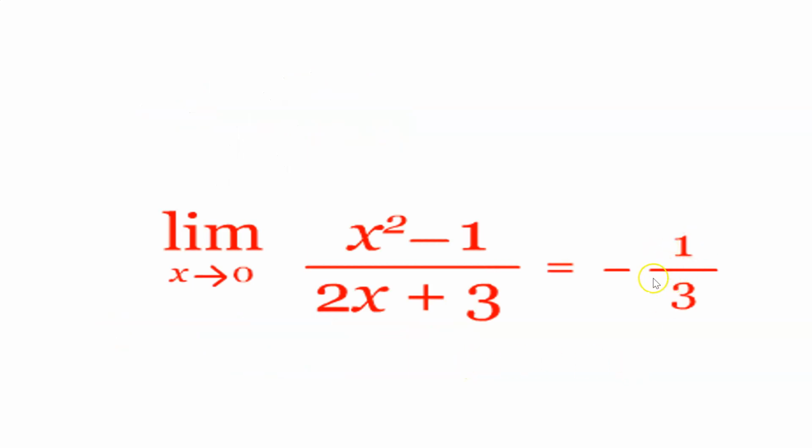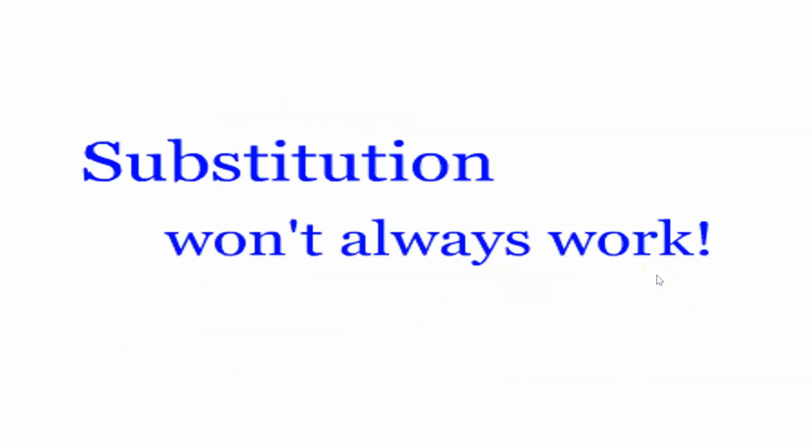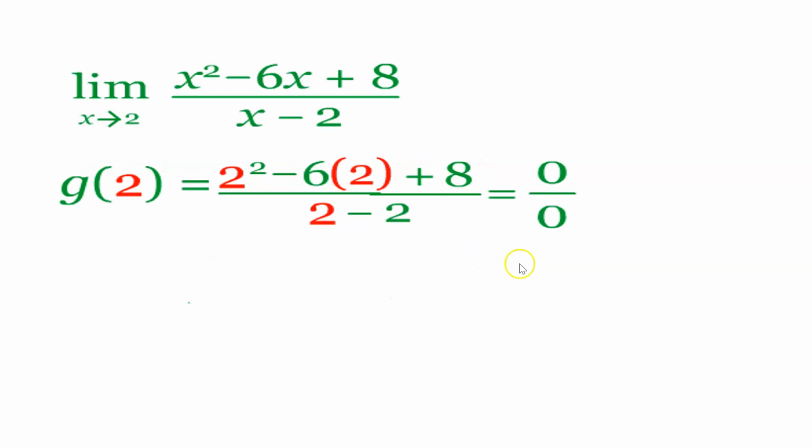So the answer is negative 1 over 3. Note that substitution won't always work. Dia kata dekat situ, method substitution ni tidak semestinya berhasil. For example, we have the limit of x squared minus 6x plus 8 over x minus 2 as x approaches 2.